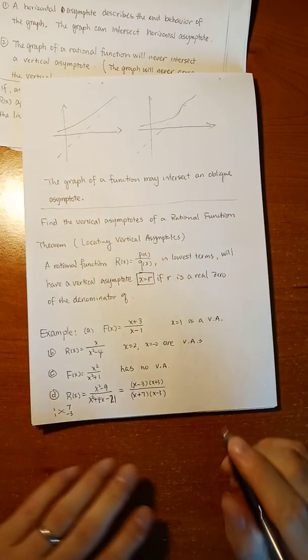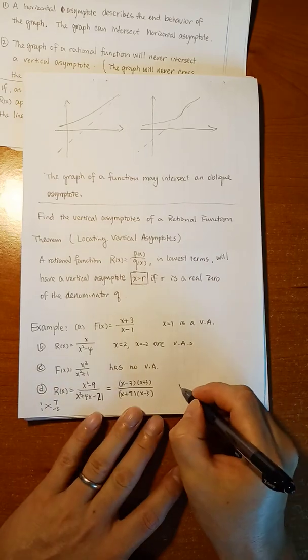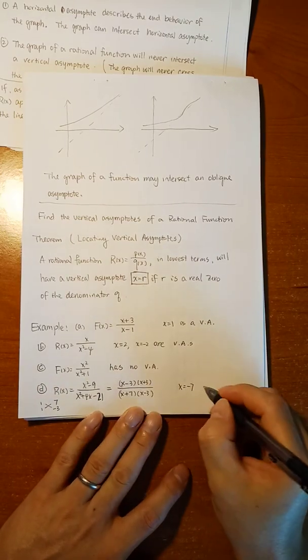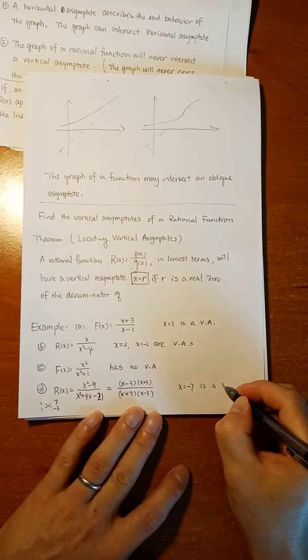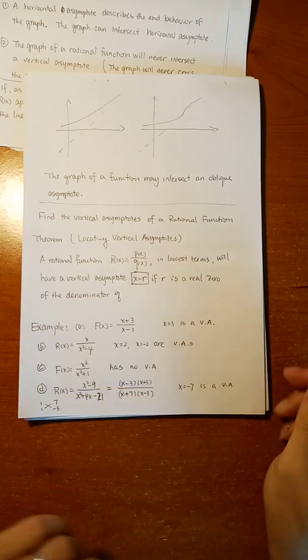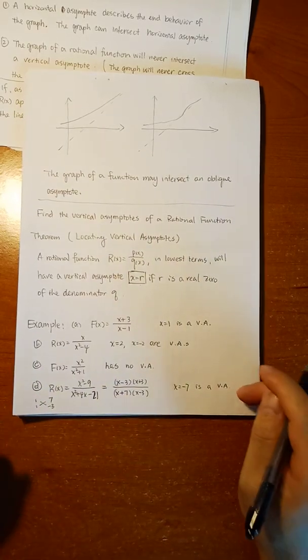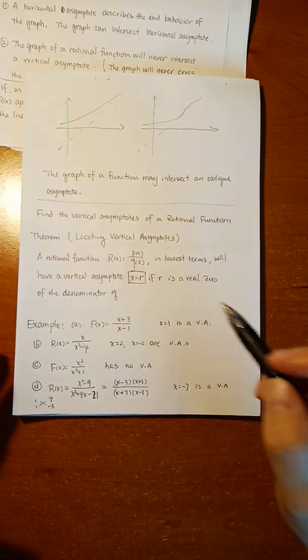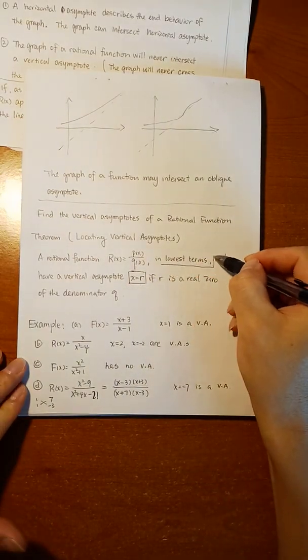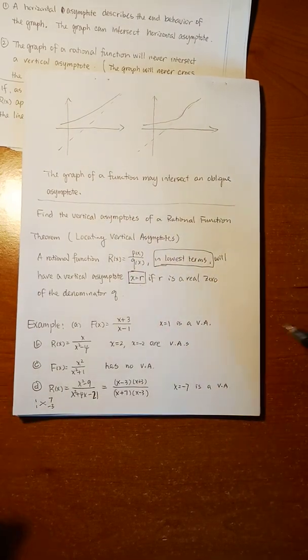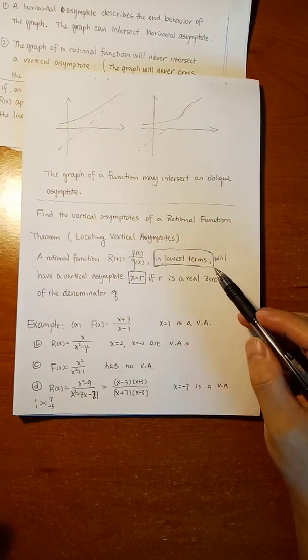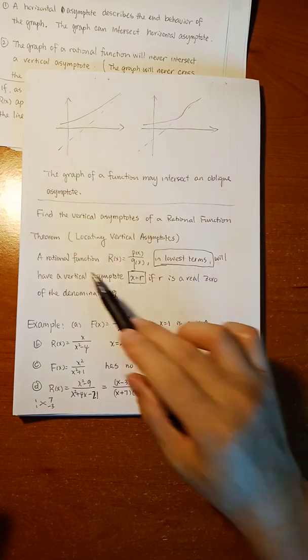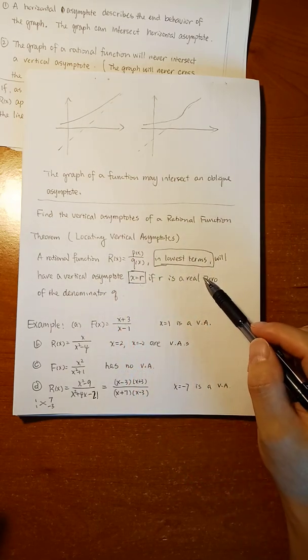And in that simple lowest term, x equal to negative 7 is the unique vertical asymptote. So that's the purpose of this example. We want to emphasize the theorem. The theorem works only for rational functions in lowest term.